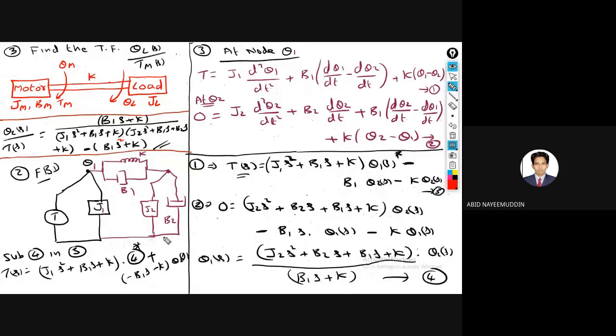And remember, all of you, while solving these types of problems, because of multiplication etc., everybody may not get the exact same expression. If you multiply and further simplify, the answer changes. I need to see whether you know how to find theta 2 of s by T of s.